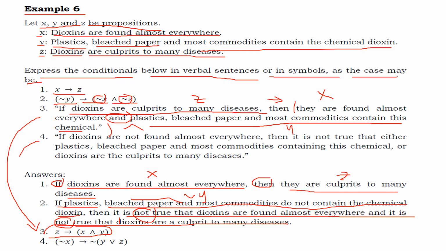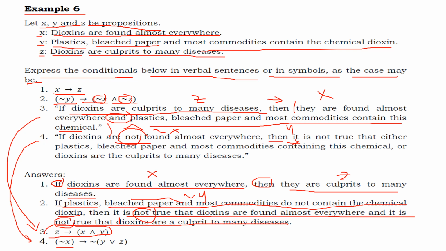And for number 4, "if dioxins are not found almost everywhere" is the negation of X. The if-then we follow, so we apply the symbol.